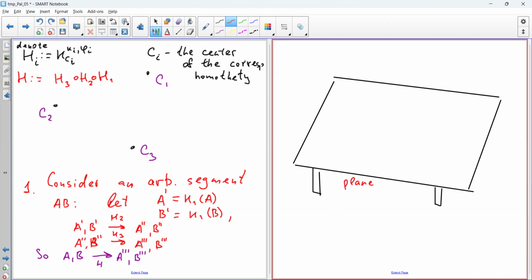Then on the table, we have some paper, which is partly transparent.